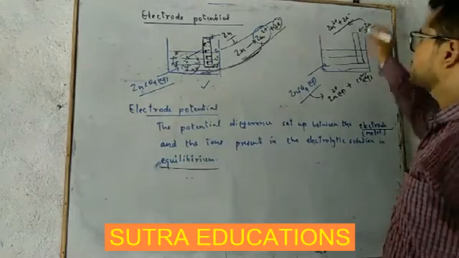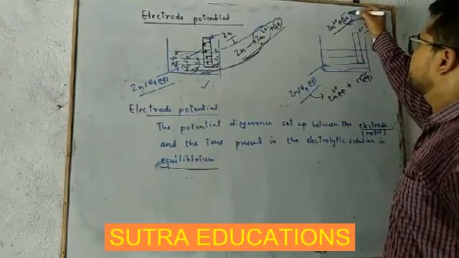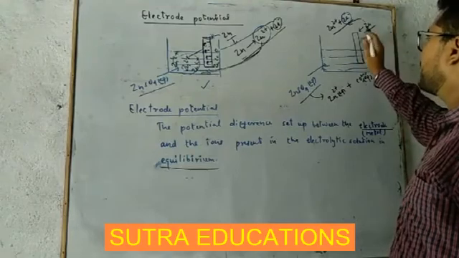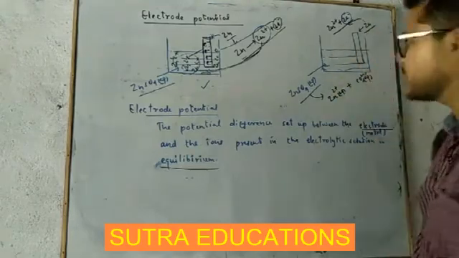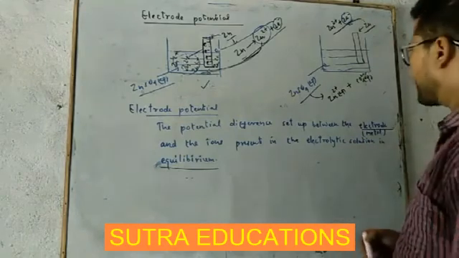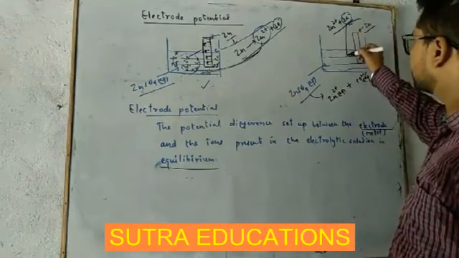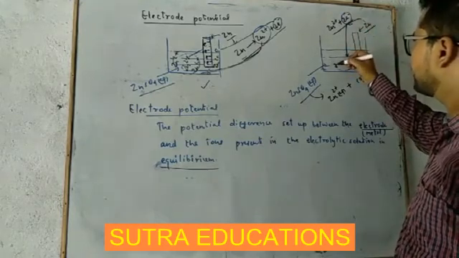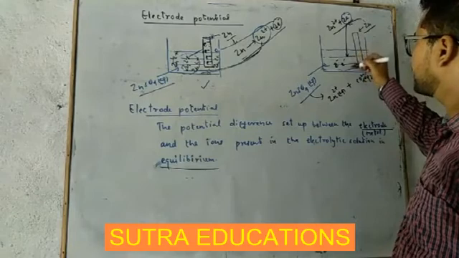The electrons which have been released by zinc during formation of Zn2+ will come into the electrolytic solution. This time these electrons will come into the electrolytic solution.